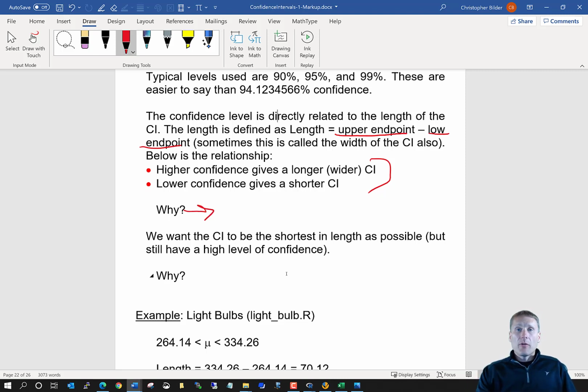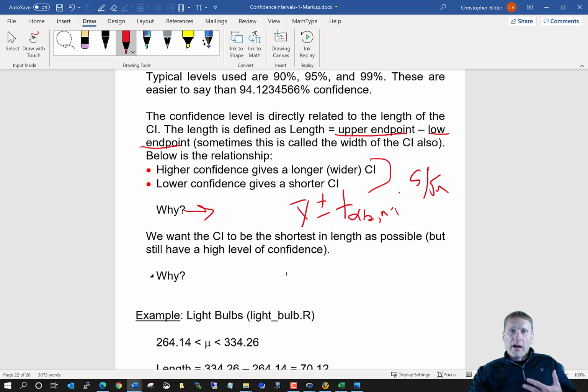Again, you could go back to the actual confidence interval expression. So y bar plus or minus the value from your t distribution times s divided by the square root of n. As your confidence level increases, that means alpha goes down.